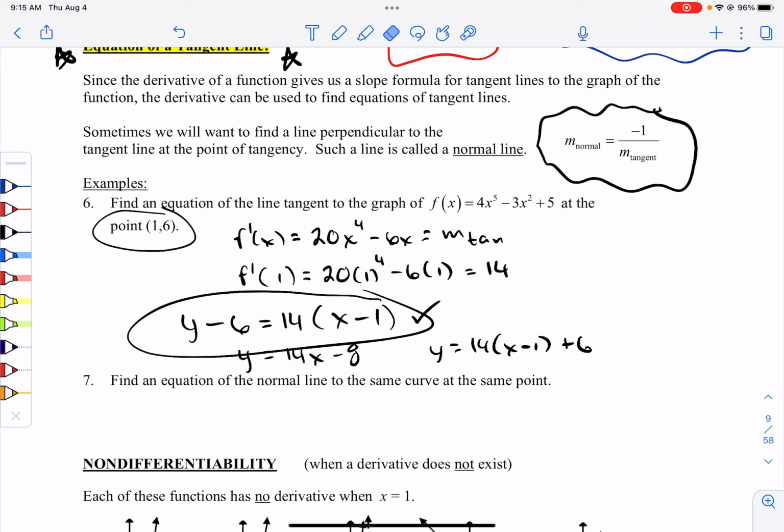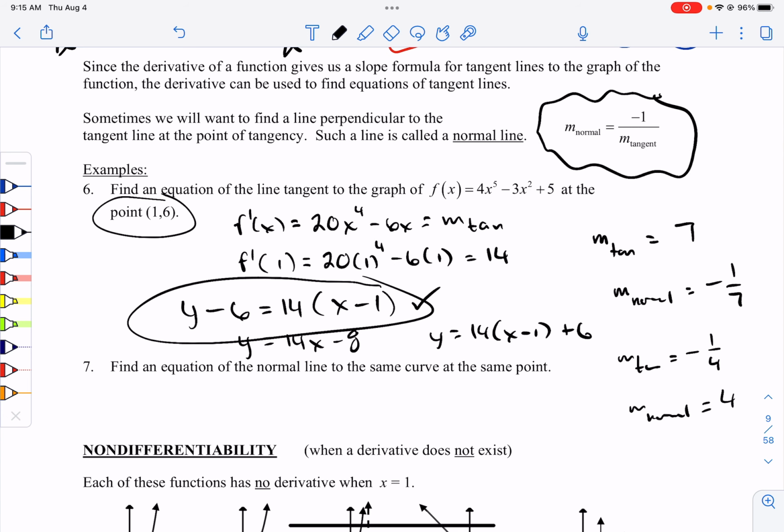So if my slope of my tangent line was 7, then the slope of my normal line is going to be negative 1 over 7. If the slope of my tangent was negative 1/4, then the slope of my normal is going to be positive 4. You flip it over, you change the sign, okay?